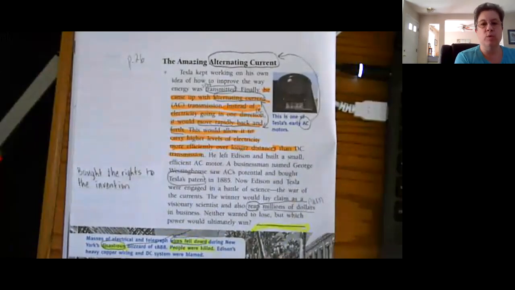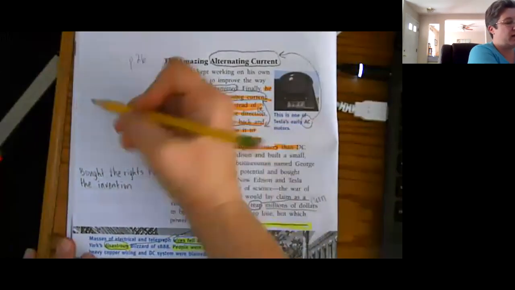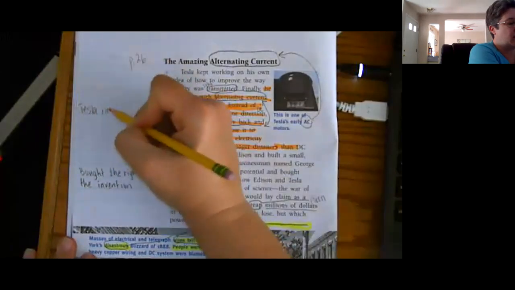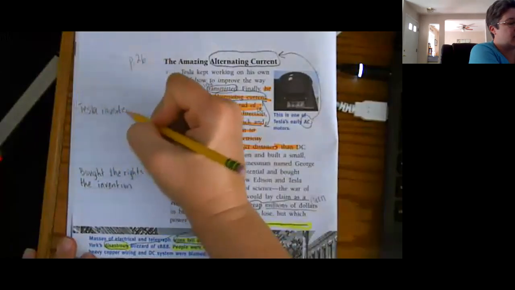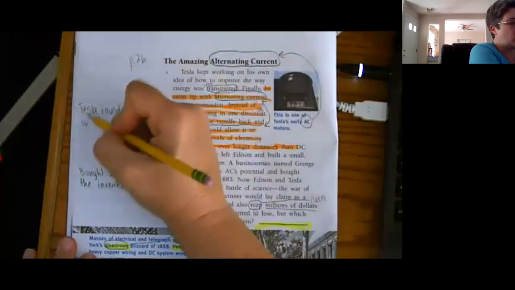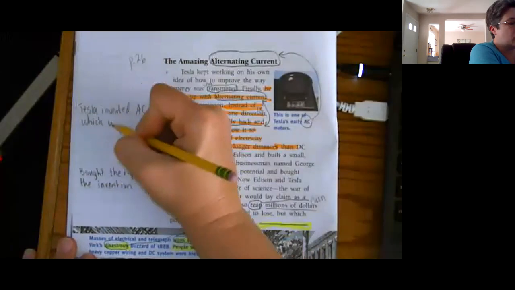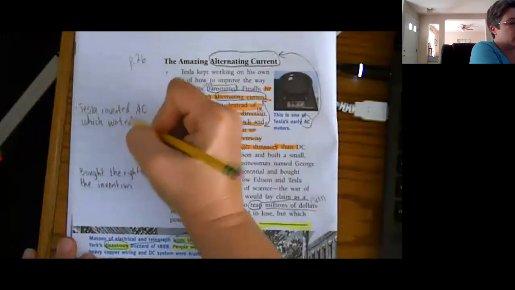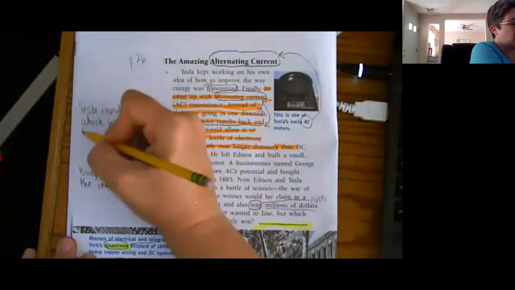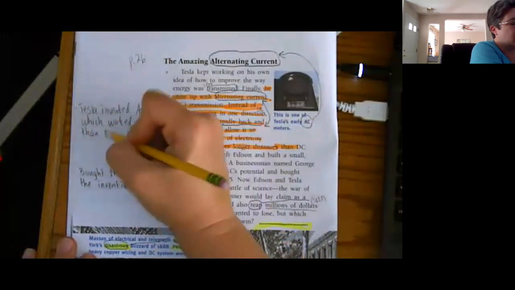So, in my own words, this key detail is that Tesla invented AC, which worked better than DC.